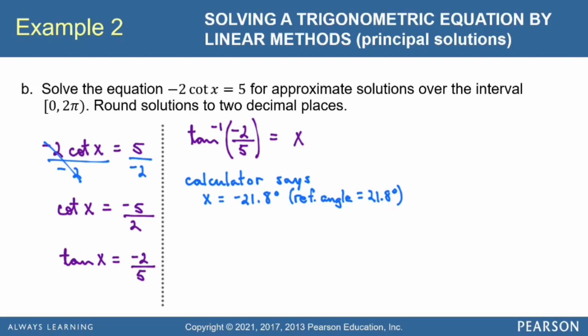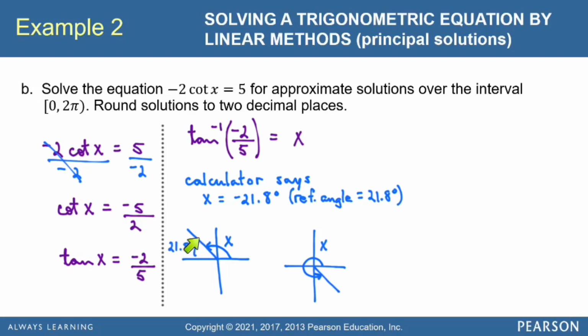Now we need to decide what quadrants our solutions should be in. So if the tangent of each solution is a negative number, then we're going to have a solution in each quadrant where tangent values are negative. So that would be quadrant 2 and also quadrant 4. And the reference angle for each of these solutions is 21.8 degrees.